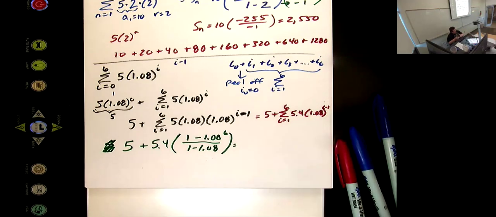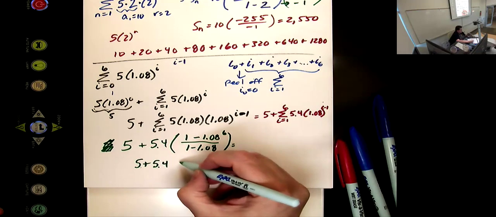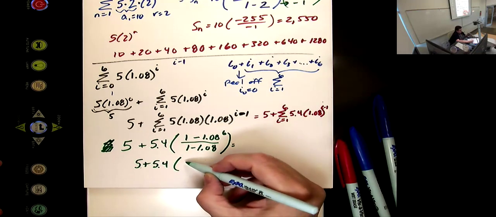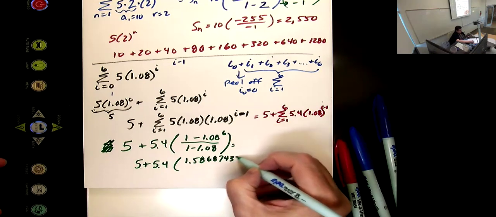Well, now we're in decimals, and rather than switching to fractions, I'm just going to do this part in my calculator. 1.08 to the 6th power, it's important that I type in 6, not 8. The top is 1.586874323.